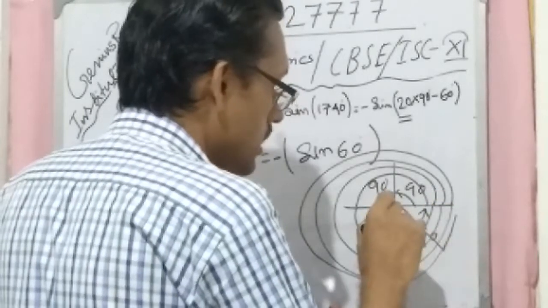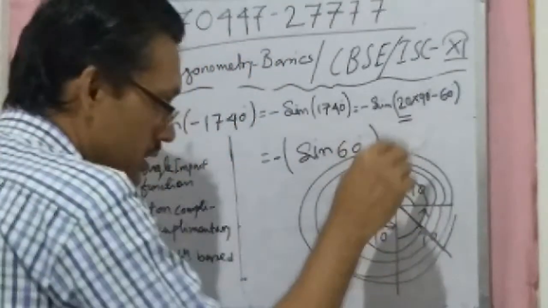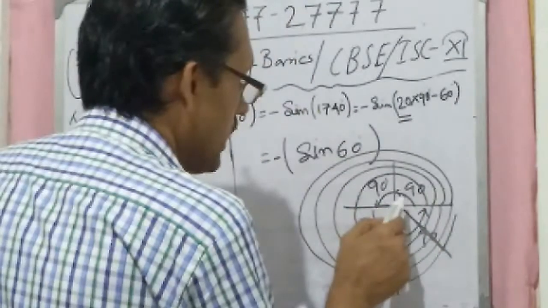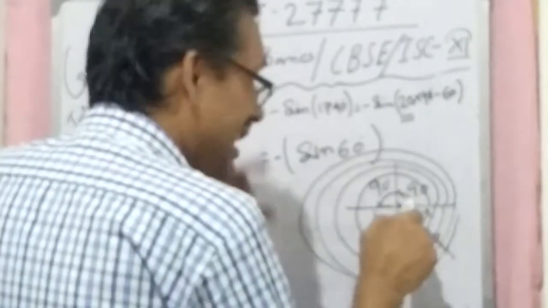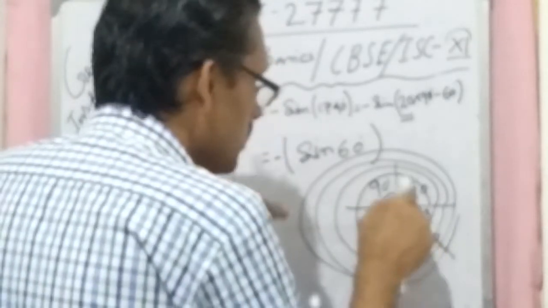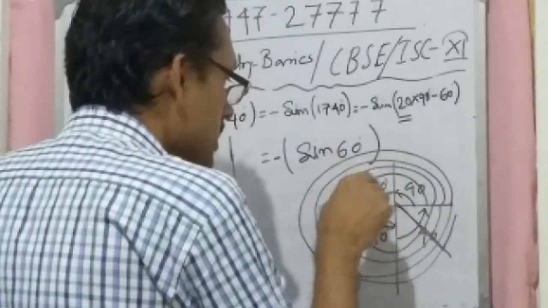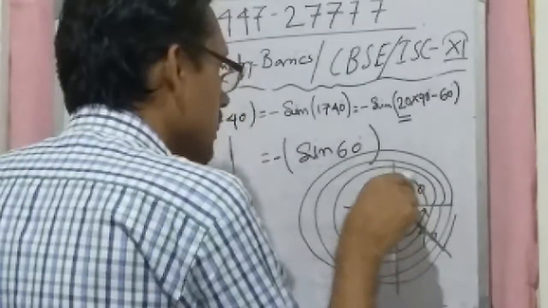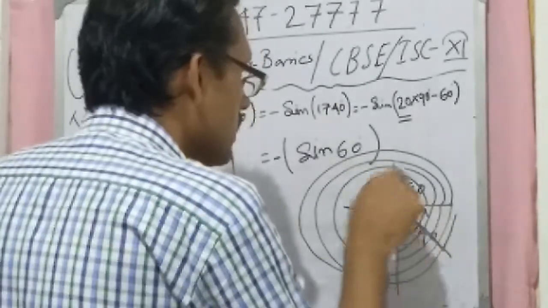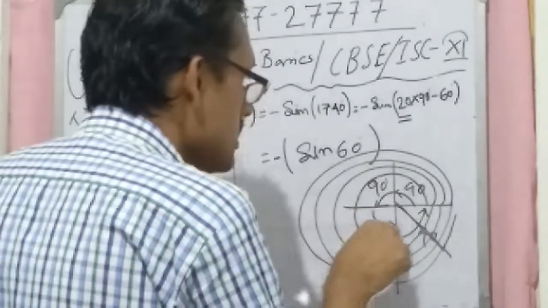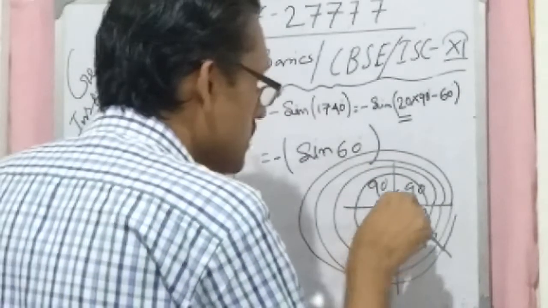So it's in the fourth quadrant. Again, one move, two moves means 8 into 90 complete: 1, 2, 3, 4, similarly 5th, 6th, 7th, 8th, then 9 up to 20.